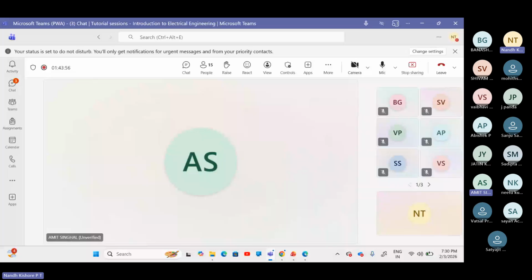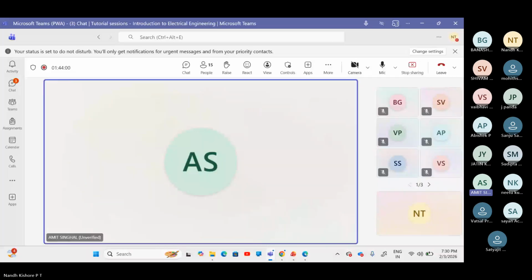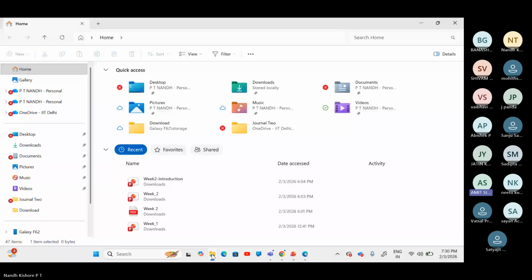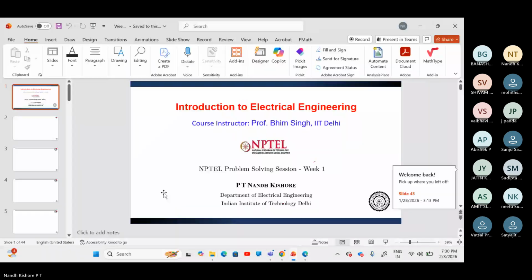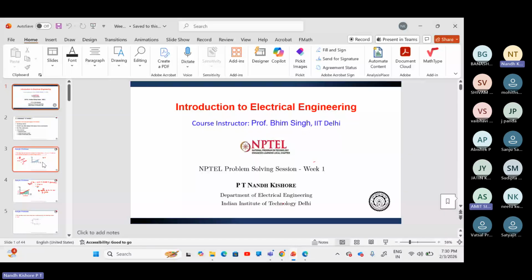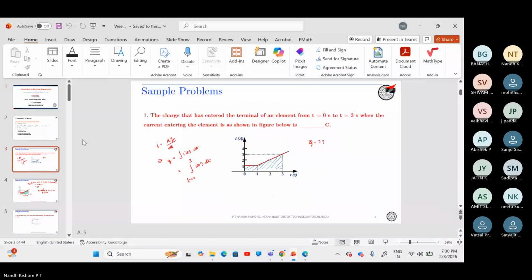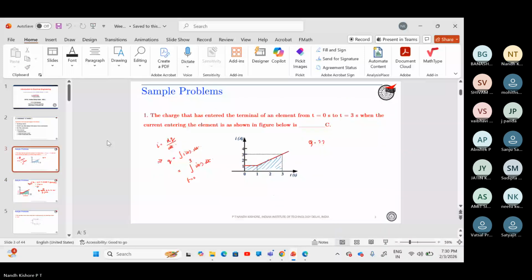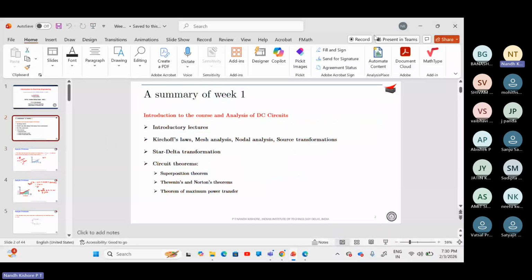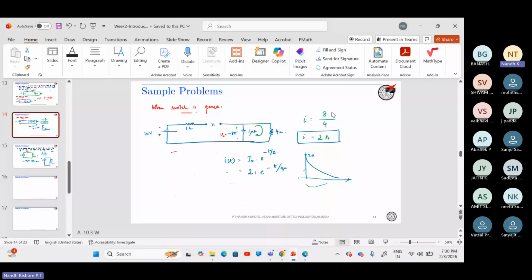In the first PPT, there is no solution provided, only the question part. Sir, check it and revert back. Sure. Okay, thanks for pointing it out. I will have a look at it once again. Okay, fine. We will just continue over here.